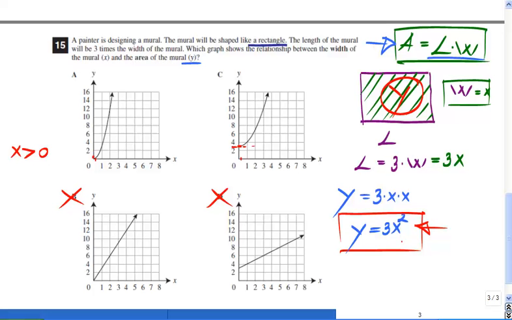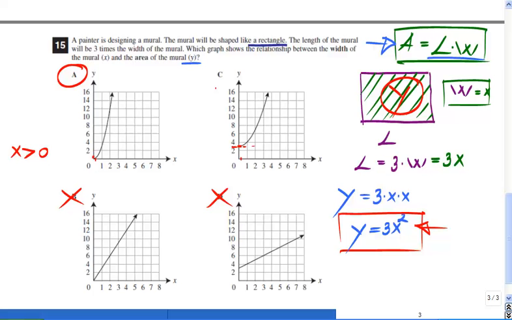For the formula of the area that I have, your y can get very close to 0 when x is very small, and that's why A is the right answer here.